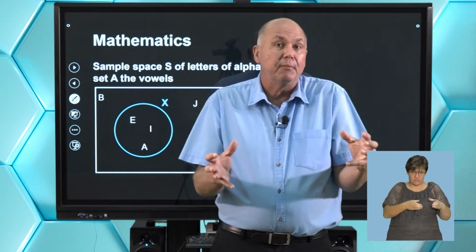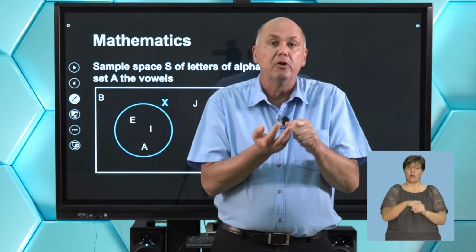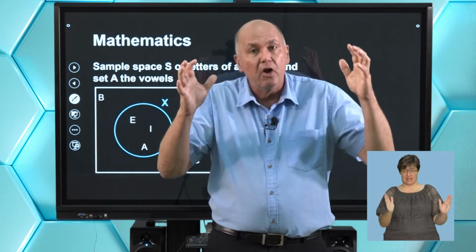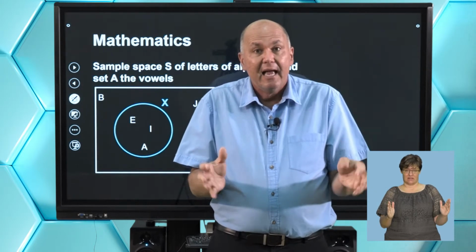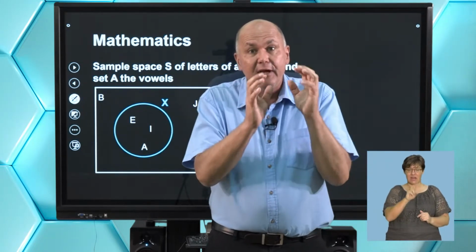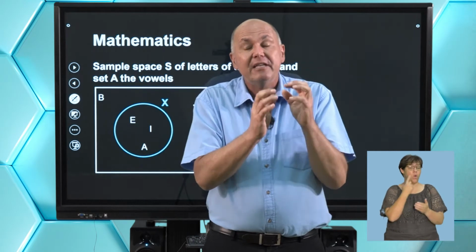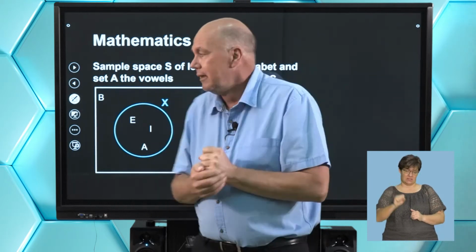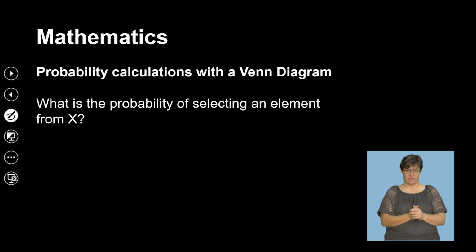They're not in the sample set. So don't think you need to include O and U. No, they're not in the sample set. The sample set was only for the first 10 letters. And X, the Venn diagram that we've shown there, is only showing you 3 of the letters in the first 10, the 3 vowels that we've got. Right, let's move on. We've got that.